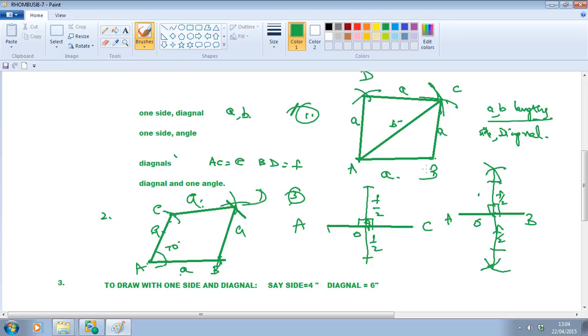Any line for cutting, you have to adopt this procedure. So we'll work on some more problems so that you'll get more clarity.